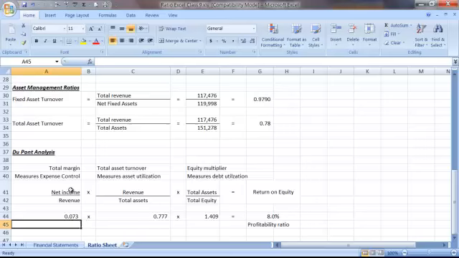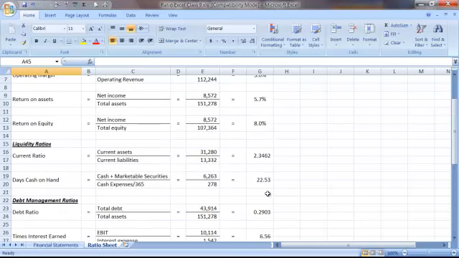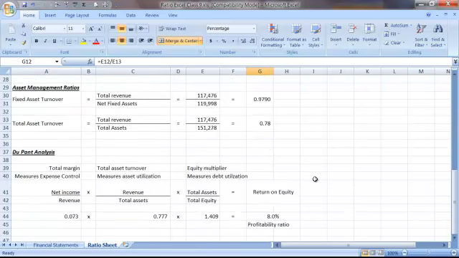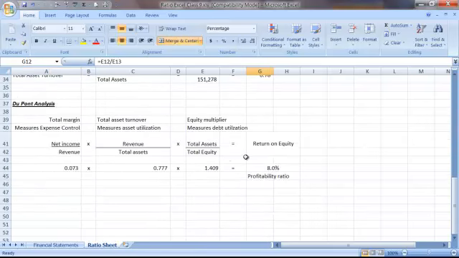So what it does is it takes your total margin times your total asset turnover times your equity multiplier to give us your return on equity. The return on equity, we calculated up here. Let's see here. Here it is, return on equity, 0.8. So what this DuPont analysis is really doing, it's taking that return on equity and breaking it into three different pieces.